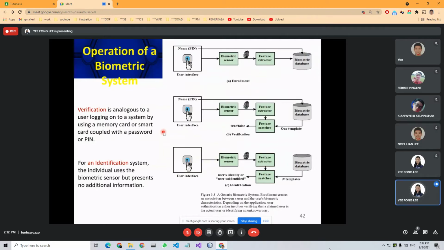At the same time, the system senses the biometric characteristic of the user, comparing it with the password or PIN, and decides on the authorized usage.